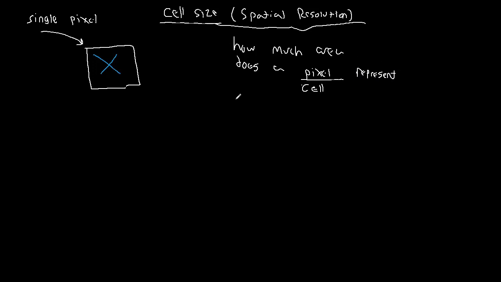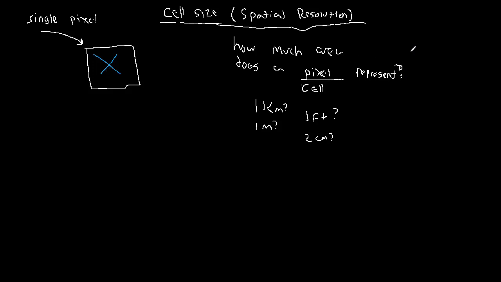Right? Does this pixel represent 1 kilometer? Does it represent 1 meter? Does it represent maybe a foot? Does it represent maybe 2 centimeters? Who knows? We haven't said anything. We haven't made that assertion yet. It's a very important question to know, right? If this pixel covers an area and this value represents that area, how big of an area are we talking about?